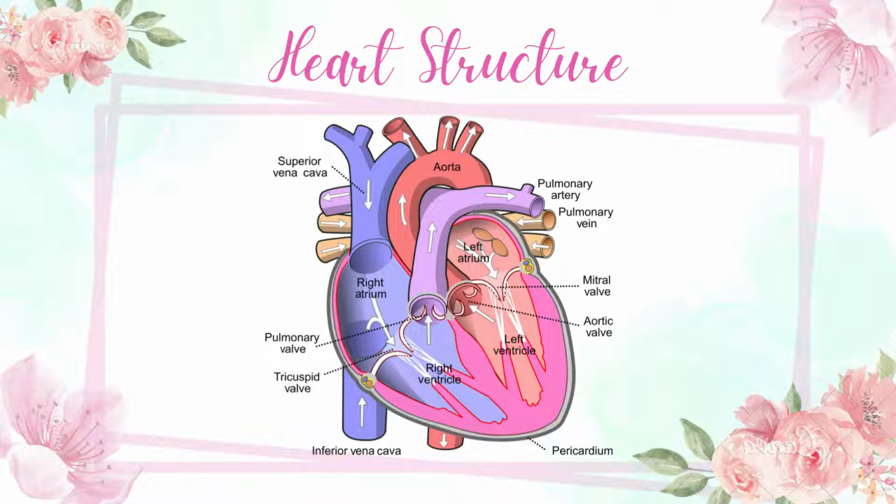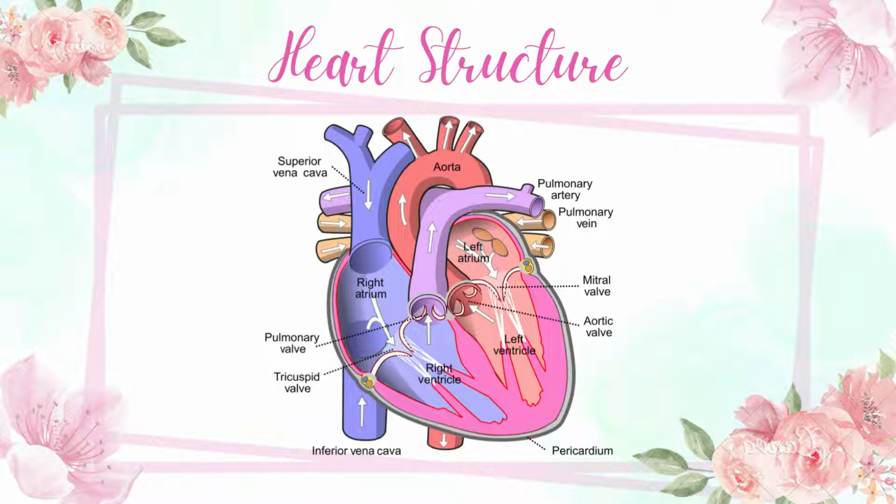Then the second part of the cycle is after the blood gets oxygenated, it enters into the heart through pulmonary vein, into the left atrium. When it enters into the left atrium it gets contracted and it enters into the left ventricle through bicuspid valve or the mitral valve. Then when the blood enters in the left ventricle, it then goes to the aorta.